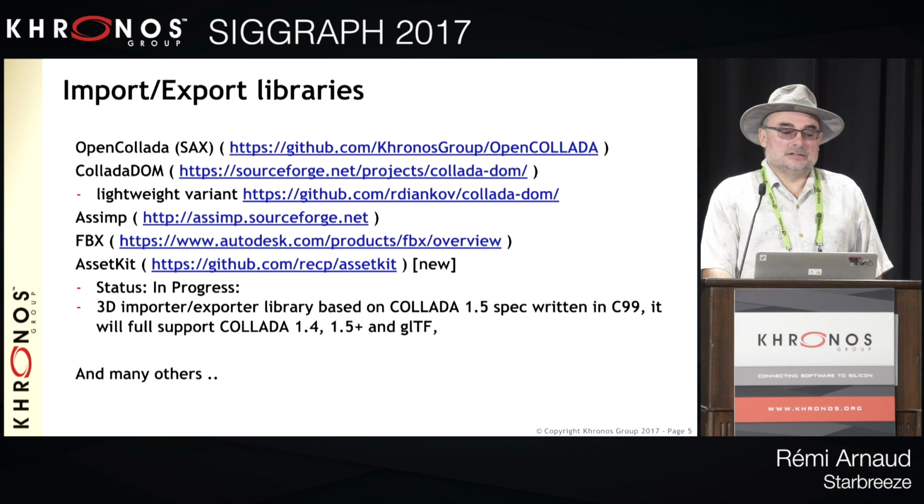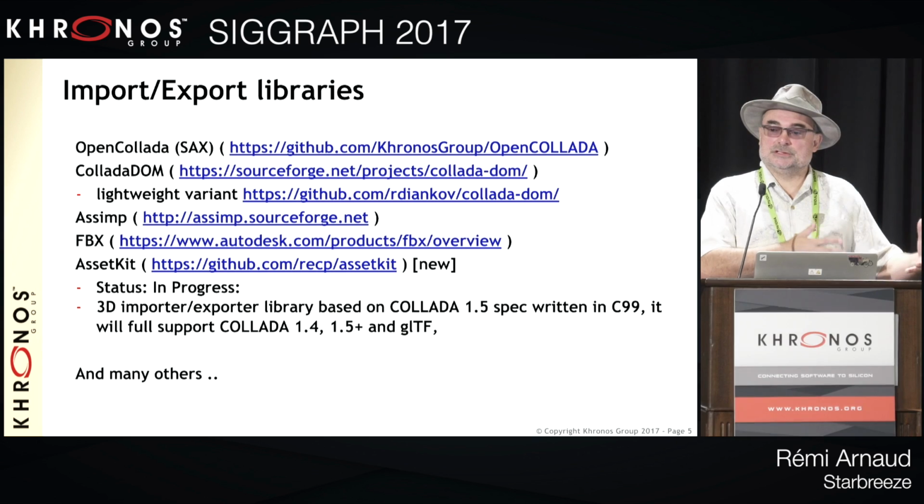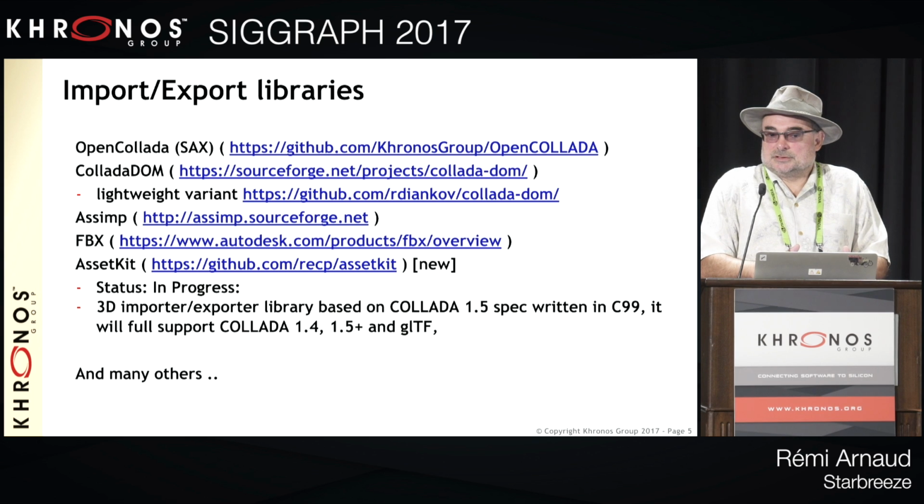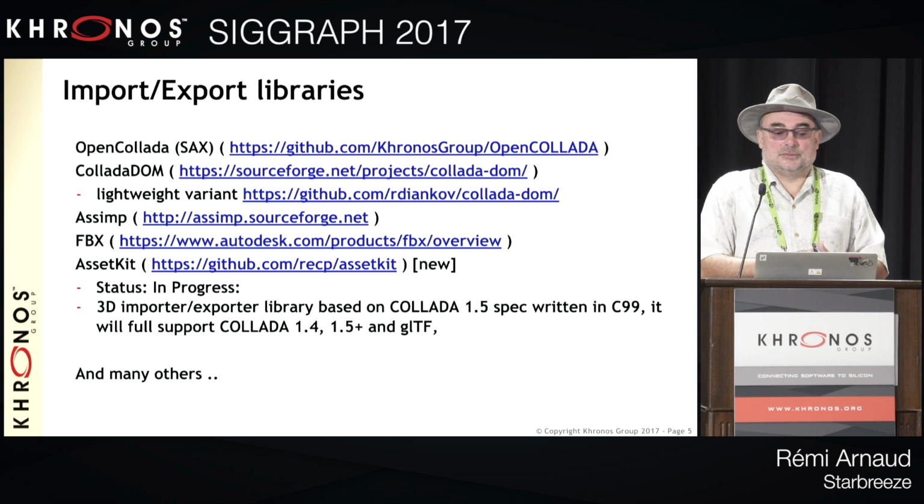For import-export, you can use the one that's provided with the tools, or, of course, if you do your own tools or your own runtime, you may want to use a library. We talked about OpenCOLLADA. There's COLLADA DOM, which is still used by a few things, but honestly, nobody's working on it, so it's not something I would recommend using. Assimp is open source and has nothing to do with us. I use that in some of the projects. It's really good at importing a bunch of different formats.